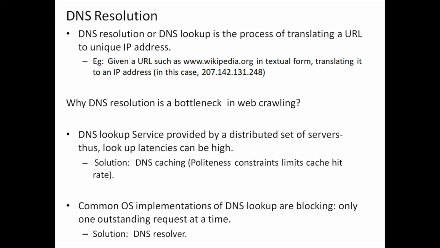In the case of DNS caching, the URLs for which we have recently performed DNS lookups are likely to be found in the DNS cache, so we need not go to the DNS servers on the internet. But here you can see that the need for politeness may limit the cache hit rate. The need for politeness means that we have to ensure there is some time gap between subsequent visits to the same host. So in that case, it may reduce the cache hit rate.